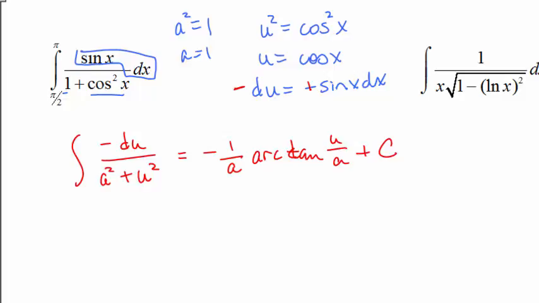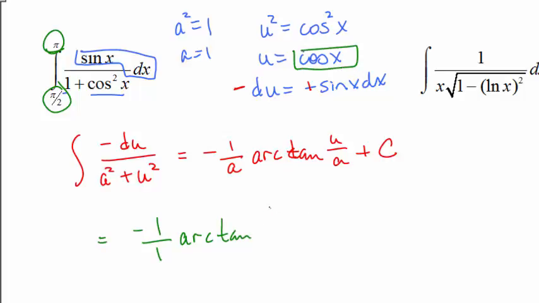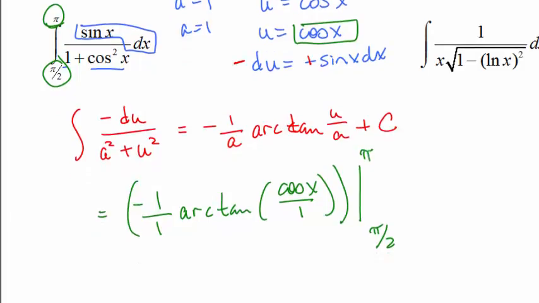But I have to go back and do it in terms of x and with my definite integral. So I'd have negative 1 over 1 times the arctan of u over a, and then I need to evaluate that between pi over 2 and pi.